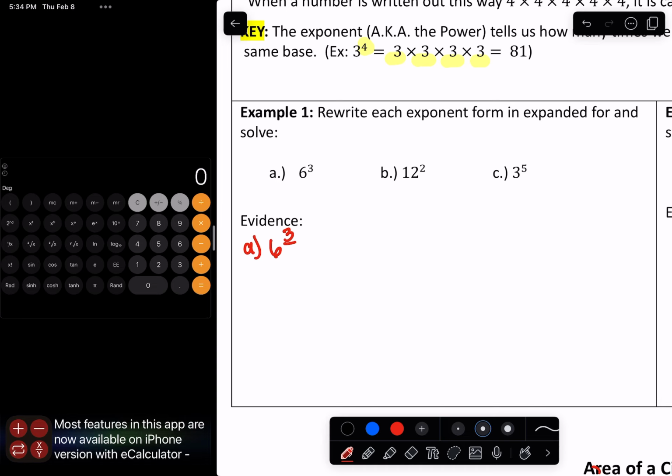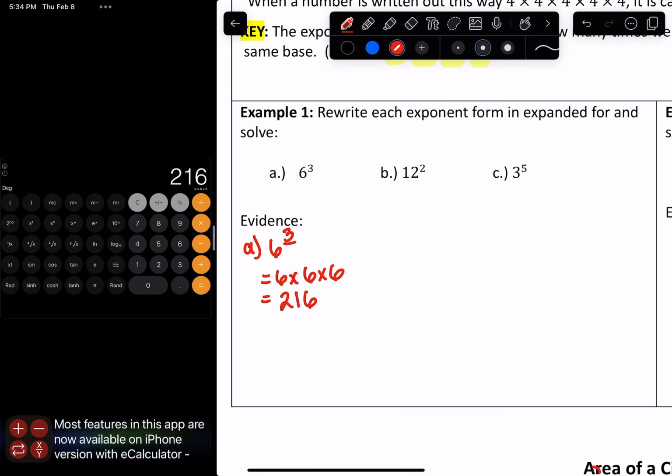This 3 tells me that I'm going to multiply 6 to itself 3 times. So that is equal to 6 times 6 times 6. And then to solve it, I just put it in the calculator. So 6 times 6 times 6, it's 216.